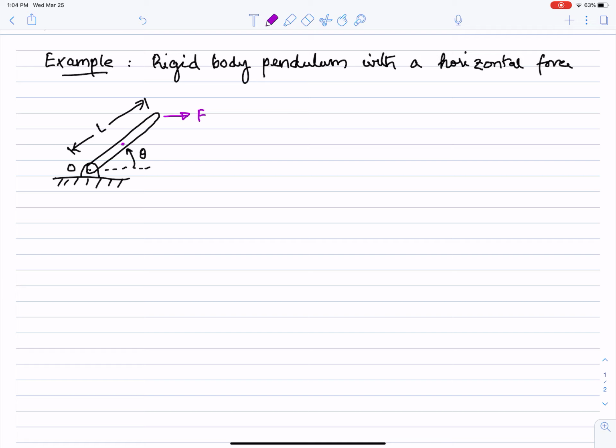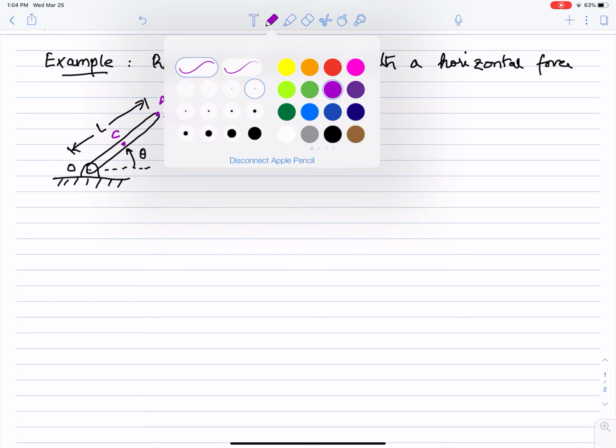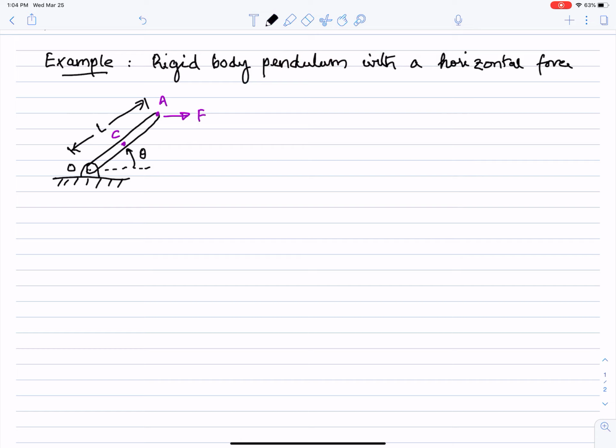Let's say the center of mass, which is halfway from here to here, is the point C. Let's call this point A, the end point. And that's about it. Okay, so that's the setup.